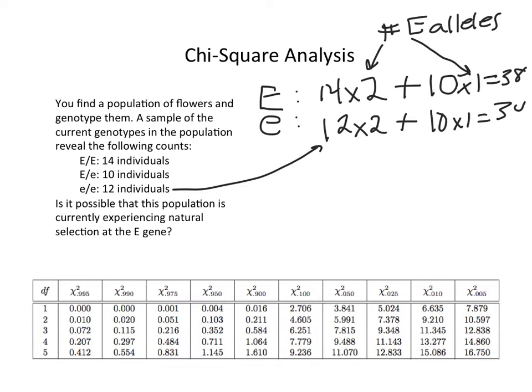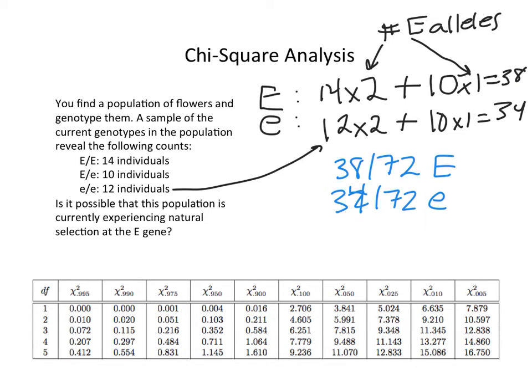Okay. And how many total alleles? 72, 36 times 2. So 72 total alleles. So we got 38 out of 72 big E's and 34 out of 72 little e's. So hopefully 38 and 34 add up to 72.